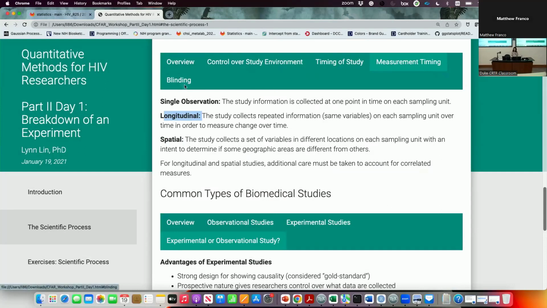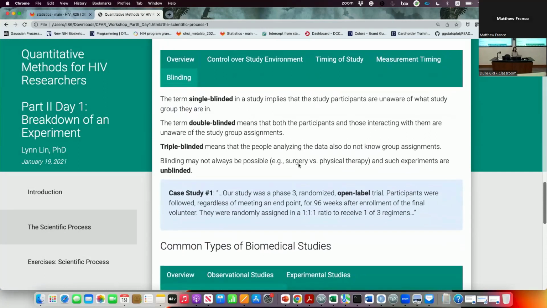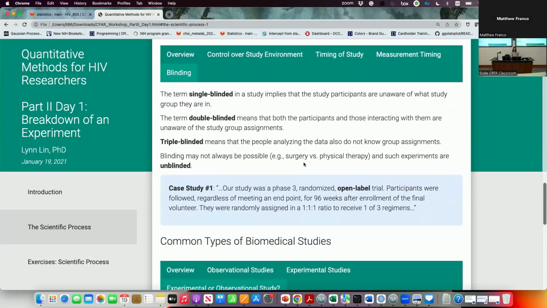Okay, so the last part is that whenever you're involved in a study, there's a blinding issue. There's single blinded, double blinded, and triple blinded. Single blinded means that in a study, participants don't know what group they are assigned to, so it's blind towards the participants.